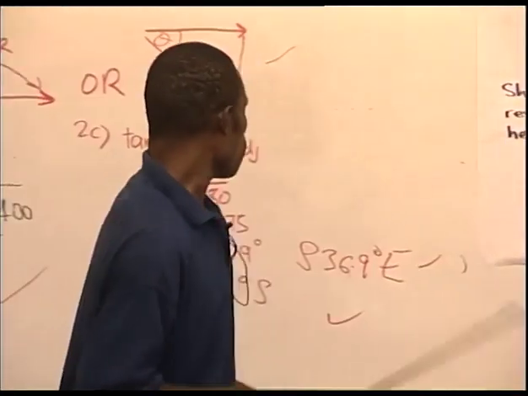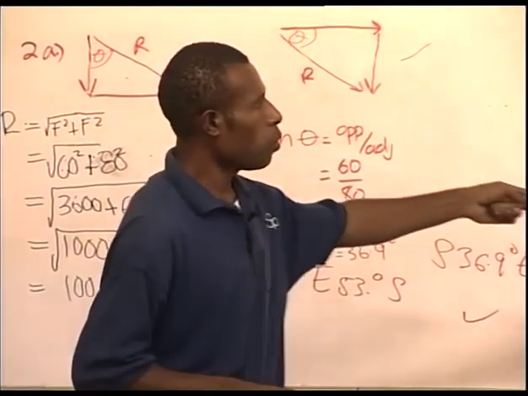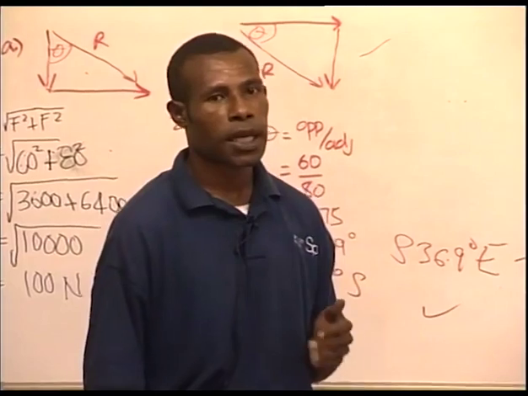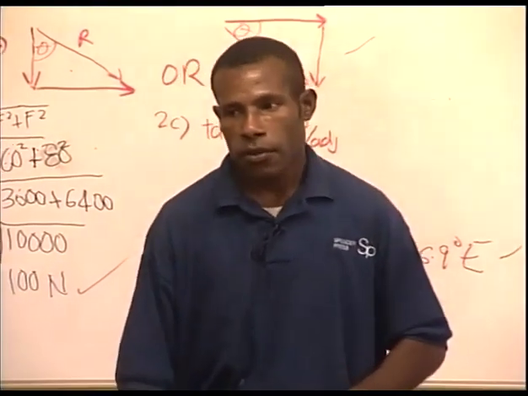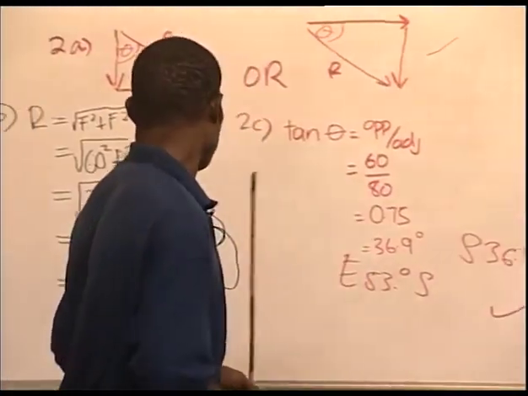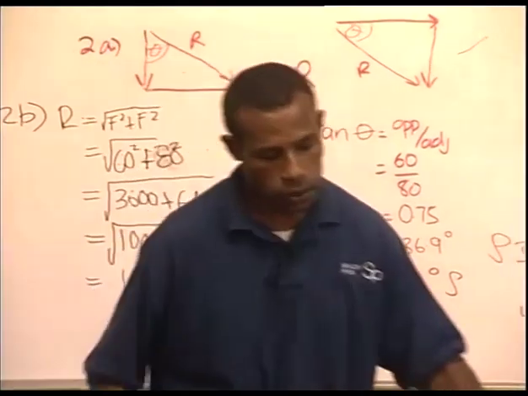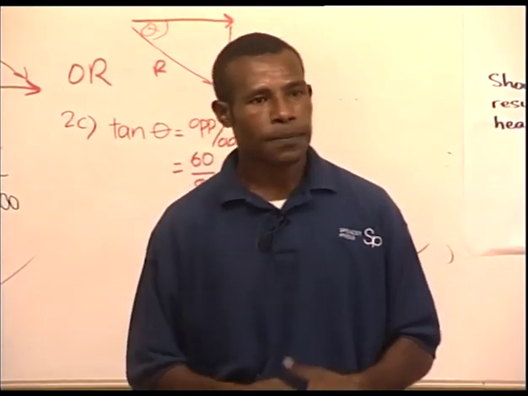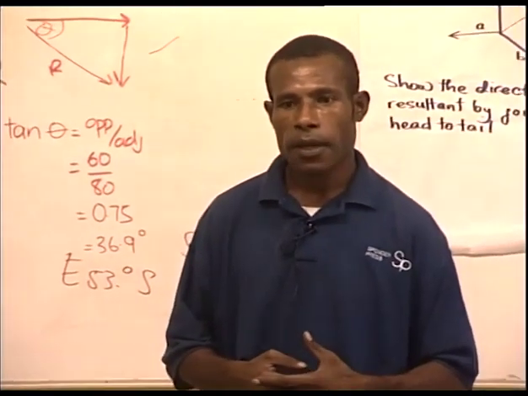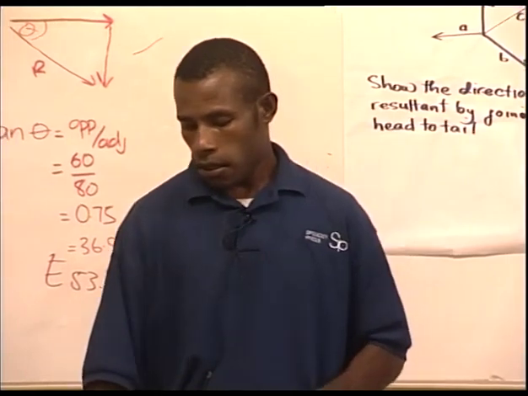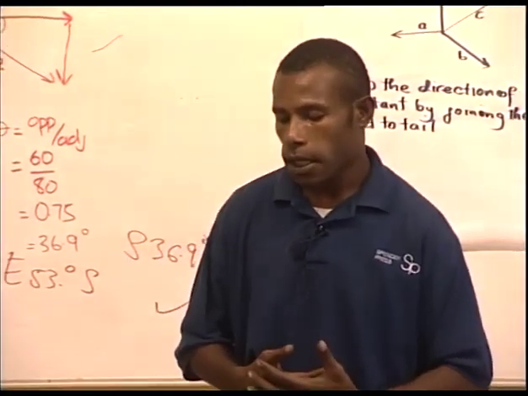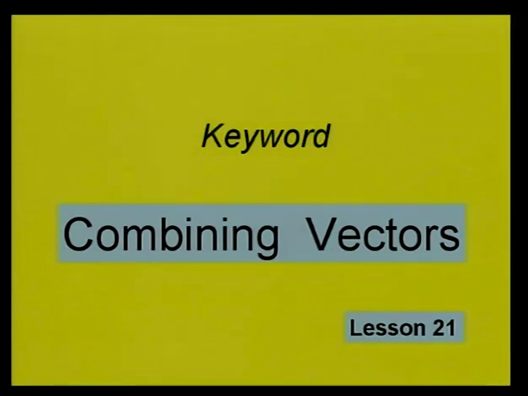And for question number 1, you have looked at how you will calculate the resultant when only 2 pairs of force are acting at 90 degrees. And the answer that you got was 1,000 newtons. Okay, good. That brings us to the end of our lesson. Our keyword for today is simply combining the vectors.